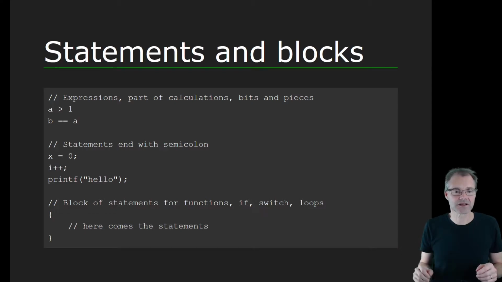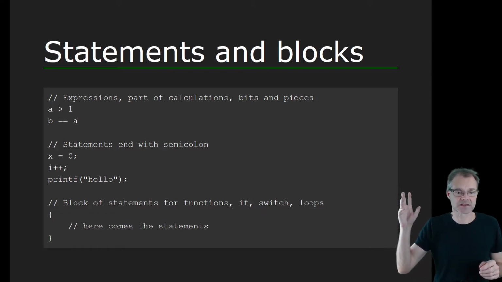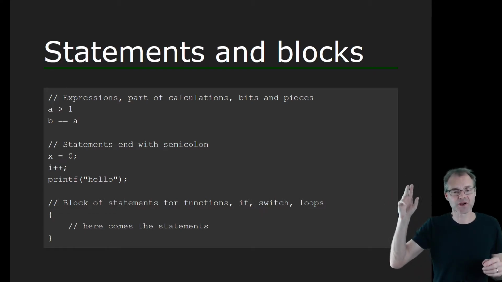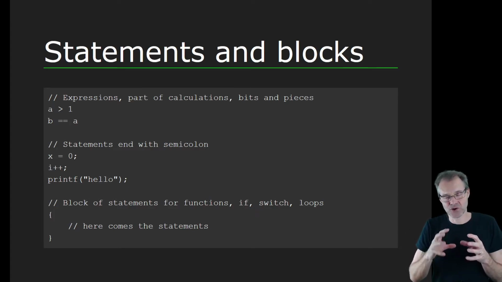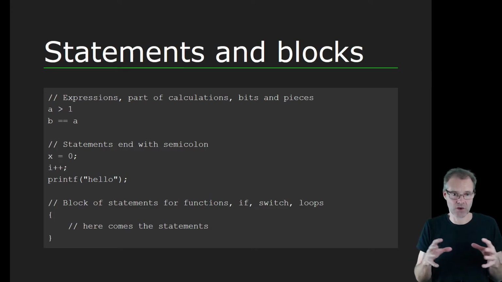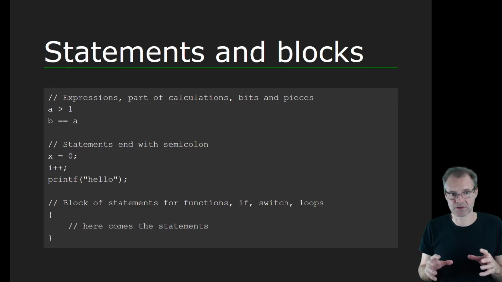If we start here, we have expressions, statements, and blocks of statements. The expressions on top are small bits and pieces of calculations that always return a value. They might be returning a true or a false value, or 0 or 1, but they can also return other types of values, like an assignment operator could return any value.